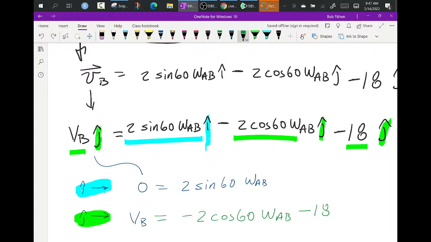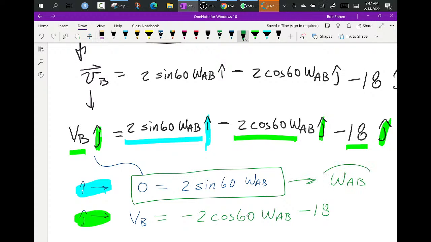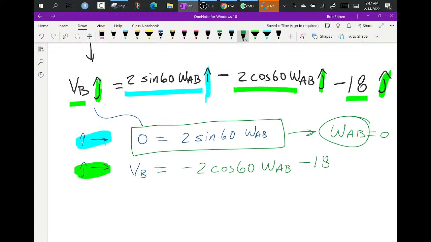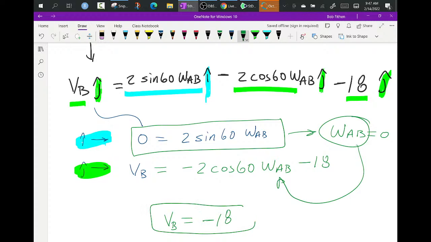Now, I got two equations. From the first equation, guess what? You can solve that. You can say, hey, wait, omega AB doesn't appear to be rotating. If it's not rotating, then that's 0. And you can stick that in there. And you can say, hey, wait a minute, velocity of B is equal to minus 18. So, first of all, it's going in the opposite direction I assumed, which I assumed it going up.